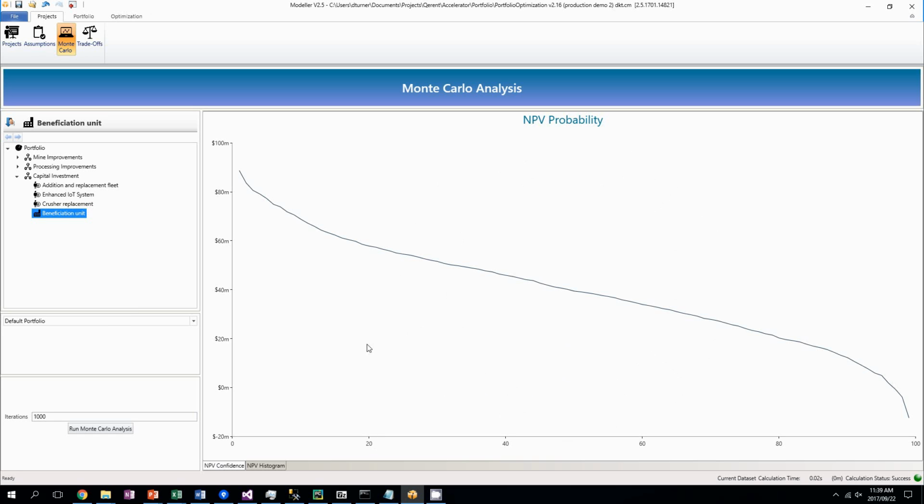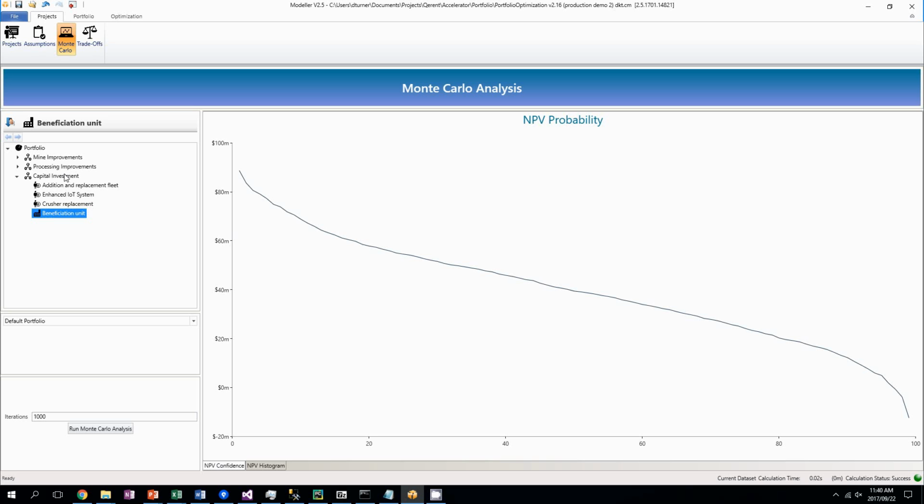So for example, there is a 20% probability that we'll have just short of $60 million NPV from this new beneficiation unit project, but there's an 80% chance that the NPV will be at least $30 million. So we could say that the most likely range is between $30 and $60 million for this project.